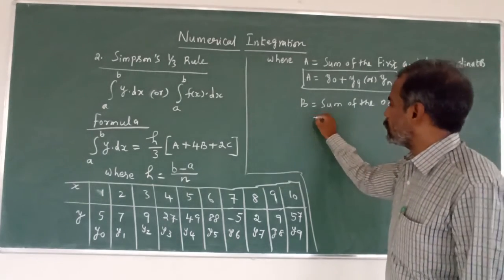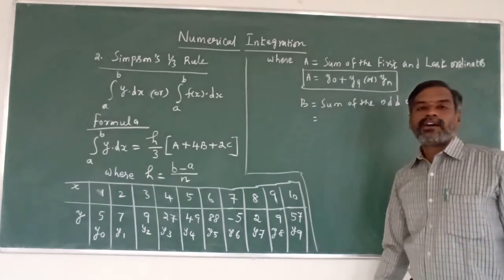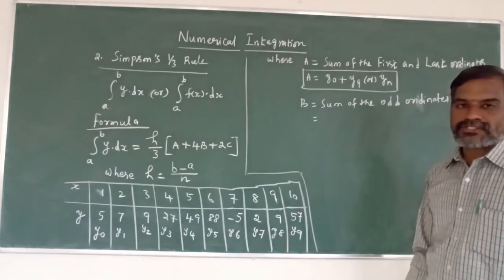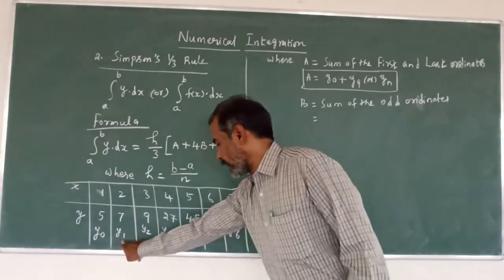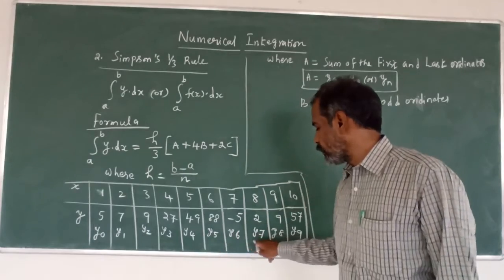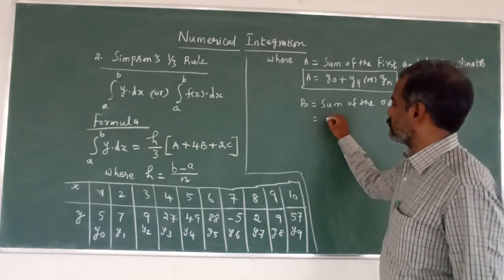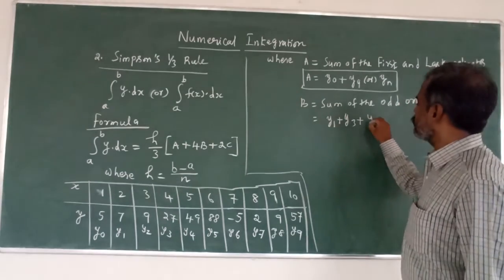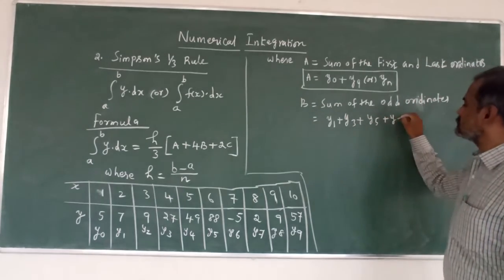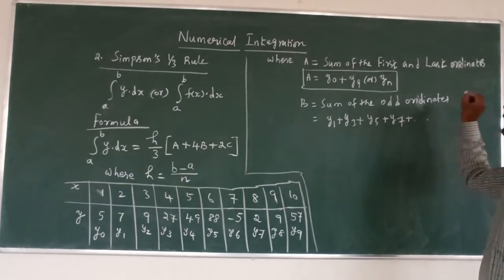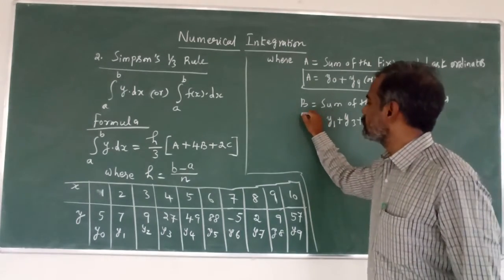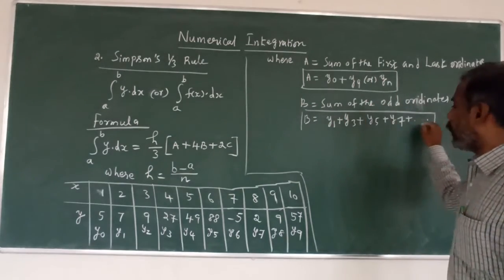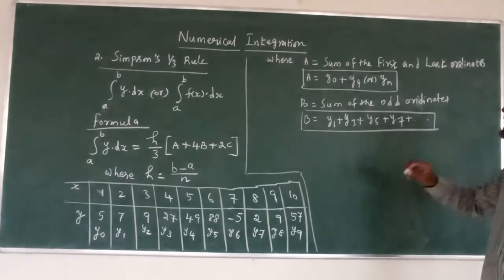Sum of the odd means the odd-numbered ones: 1, 3, 5, 7, 9, like that. y1, y3, y5, y7. We add y1 plus y3, y5 and y7, like that we add. This is B, the sum of the odd ordinates.